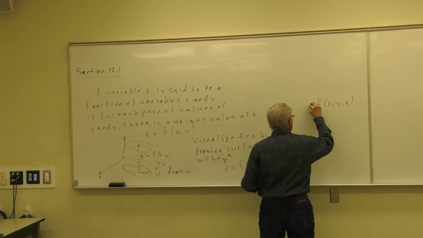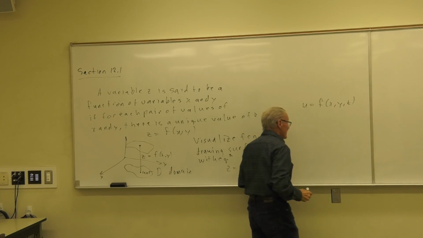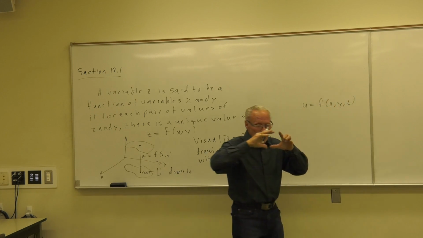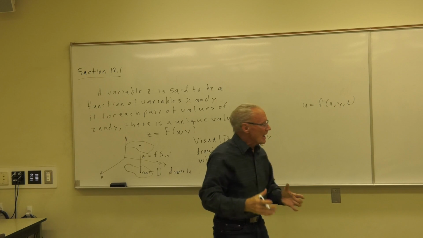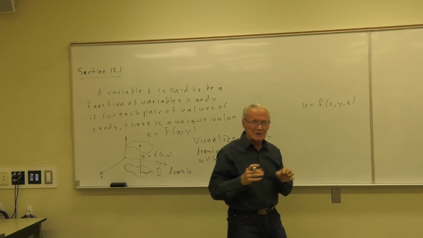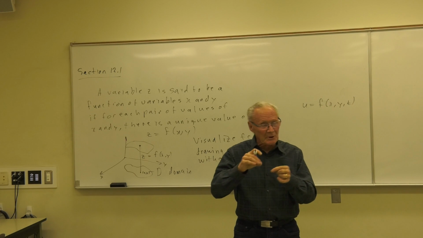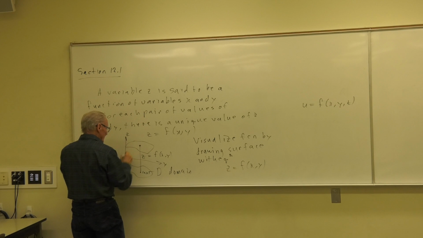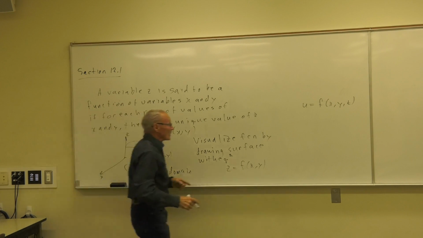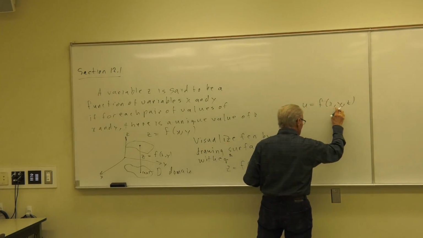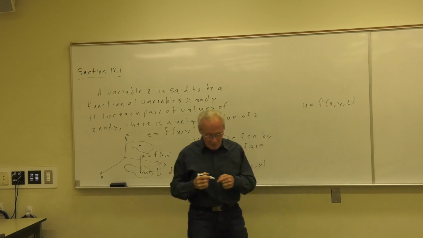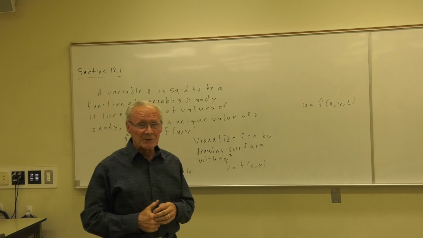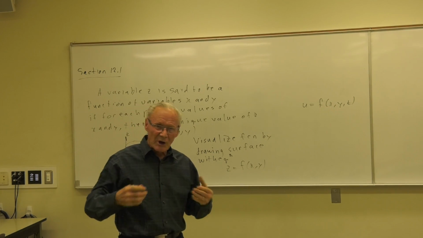I would have to put this equal to u, and then I would say the domain of the function is some volume in space, and then I have to draw a u-axis perpendicular to the x and the y and the z-axis, just like we drew a z-axis here, perpendicular to the x and y axis. I'm in 4 space, and I have a little difficulty visualizing 4 space. So I lose the geometry.